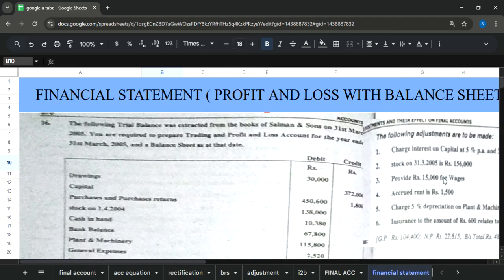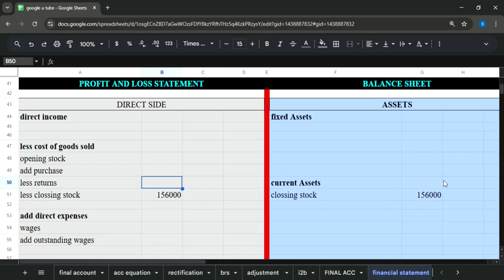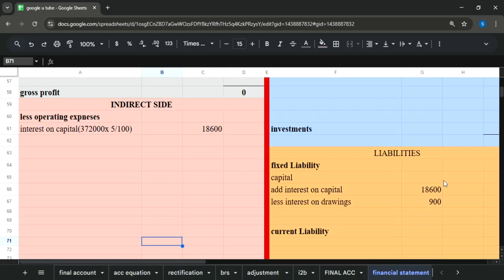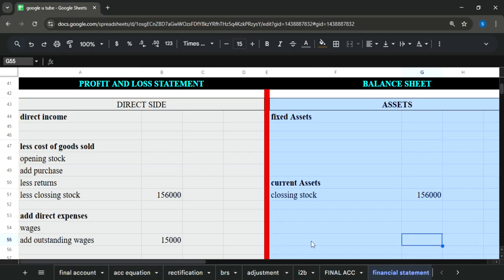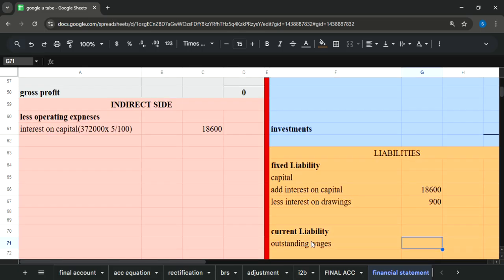Look here, 15,000 for wages. So here you will write 15,000 outstanding, and secondly you will go to the current liability side, and here you will write outstanding wages, the amount of which, 15,000, you will put on the liability side.